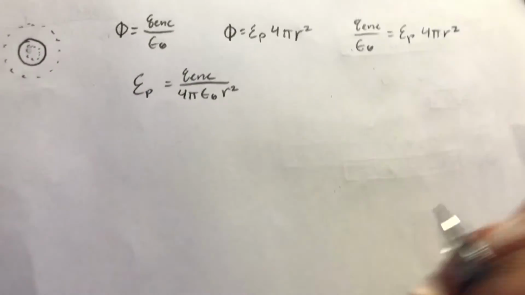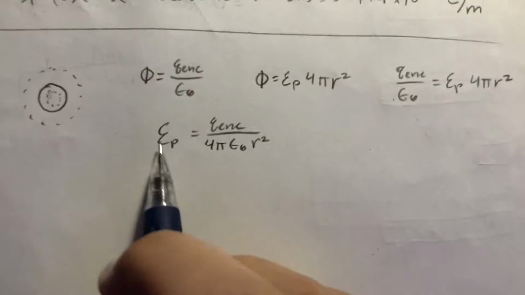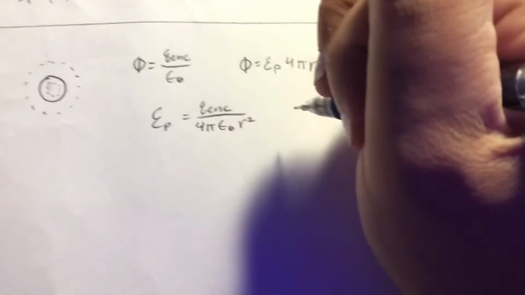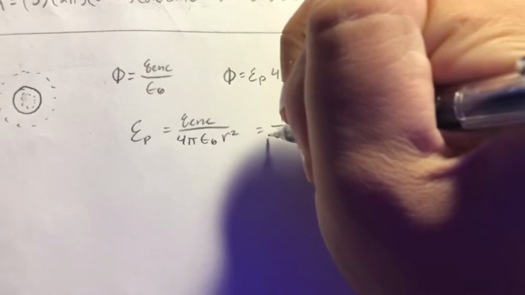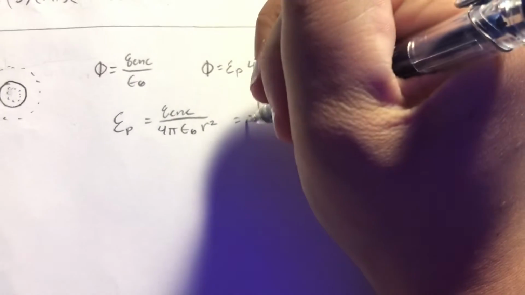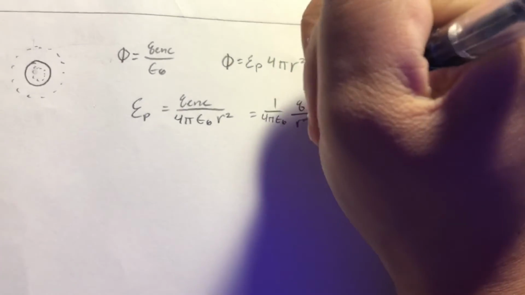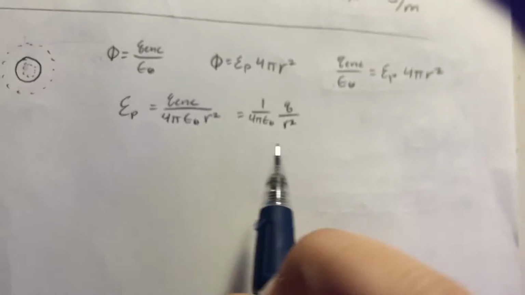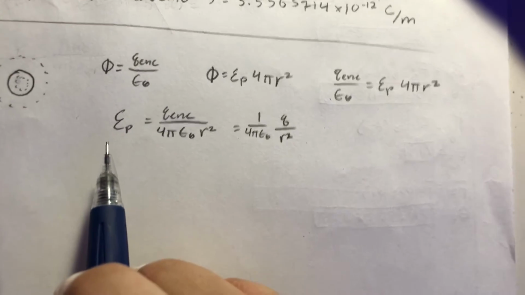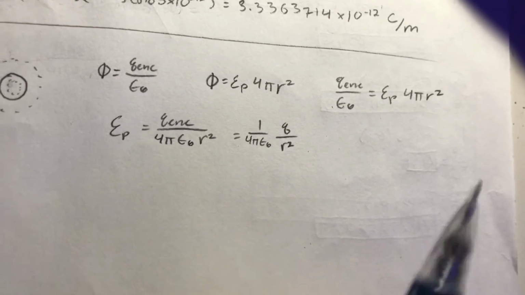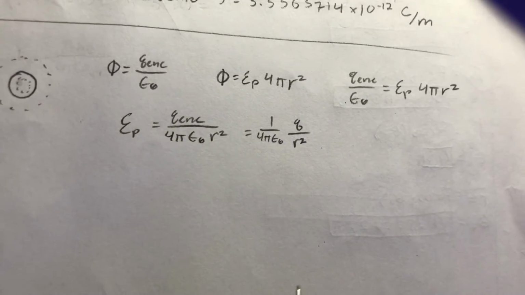This should look familiar, because it's just the charge over 4 pi epsilon naught r squared, which is our equation for the electric field from a point charge. So that has the same spherical symmetry.